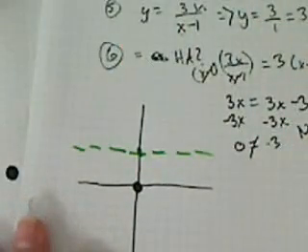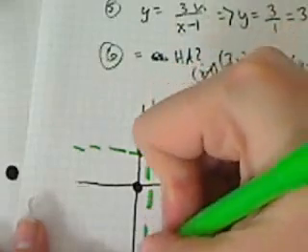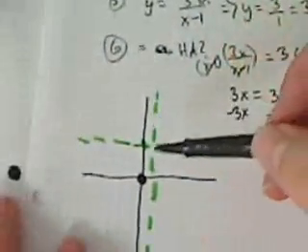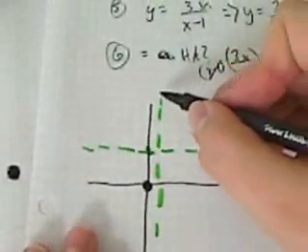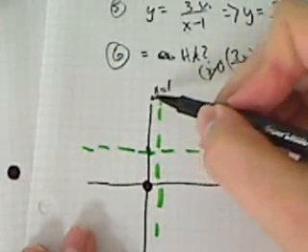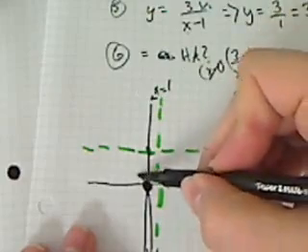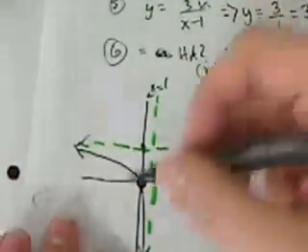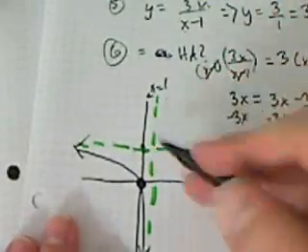We have our vertical asymptote when x equals 1. And so I'm going to check one coordinate to the left and one coordinate to the right. One point to the left would be x equals 0. I've already checked that, so I'm going to have it get as close to my asymptotes as I can get it. Now to the right, I'm also going to check x equals 2, one space to the right of my asymptote.